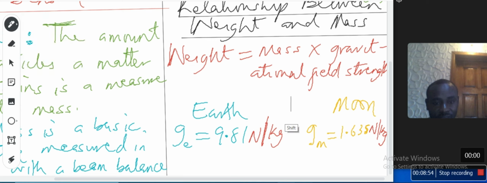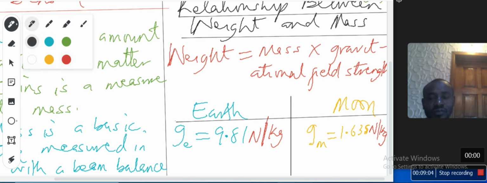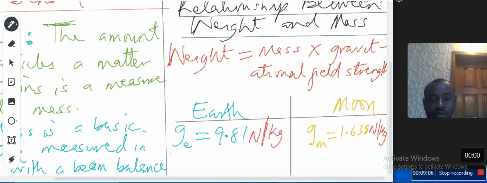On Earth, what would be your weight? My mass times 9.8. All right. So on Earth, your weight will be 50 times 9.81, or approximately 50 times 10.